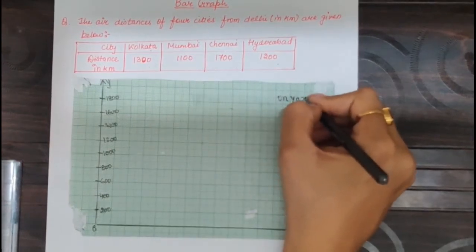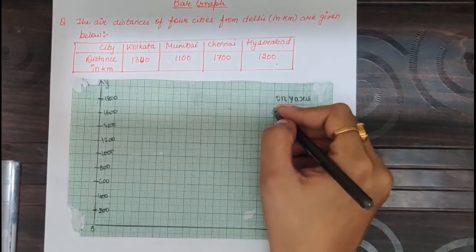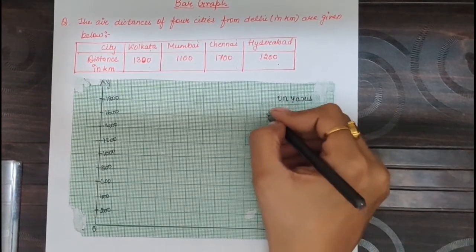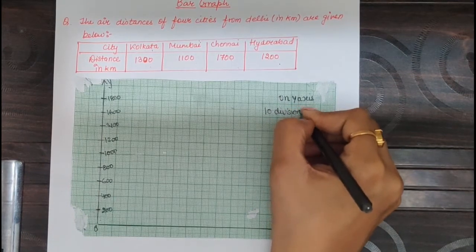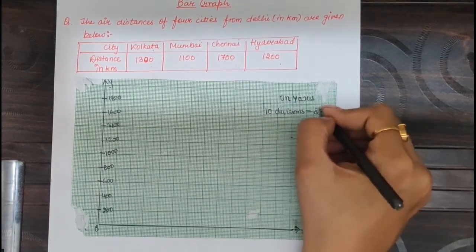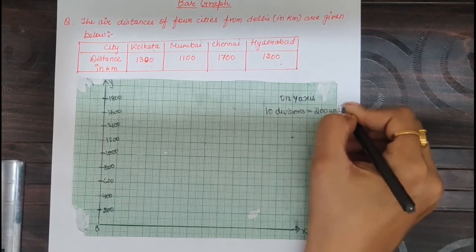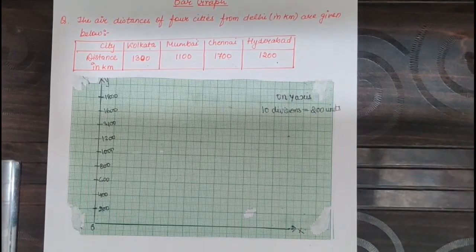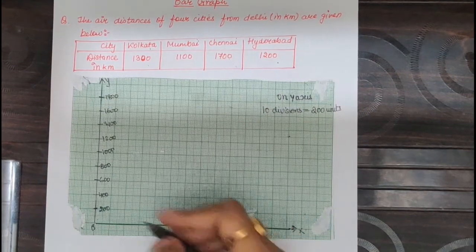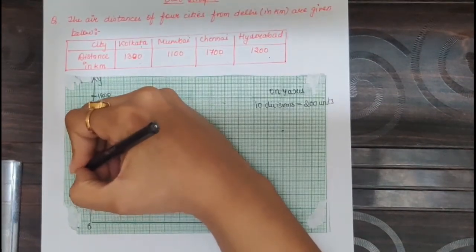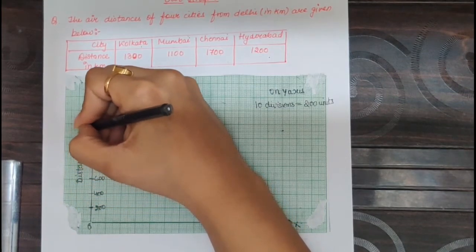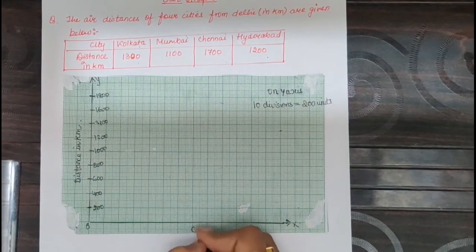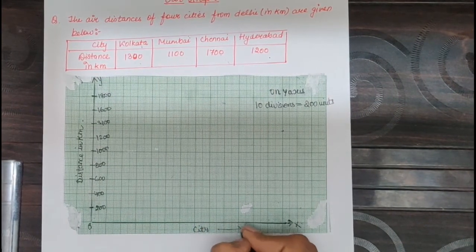Scale on the y-axis: 10 divisions is equal to 200 units. On the y-axis we are taking distance from Delhi in kilometers, and on the x-axis we are taking city.